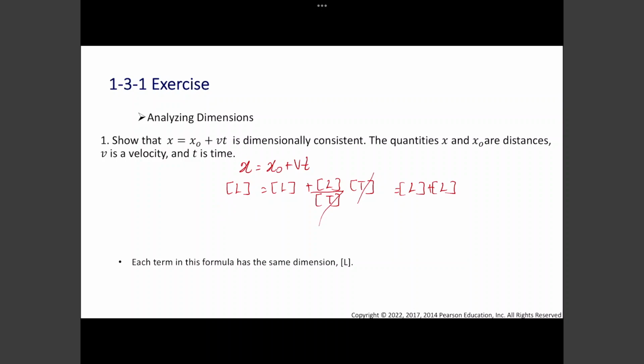Dimensions obey the same rules of algebra as other quantities, as we can cancel T in here. Since each term of this formula has the same dimension L, we can say that this equation is dimensionally consistent. So if you are asked to find whether an equation is dimensionally consistent, you need to check each term of the equation and write it in the square brackets of length and time.